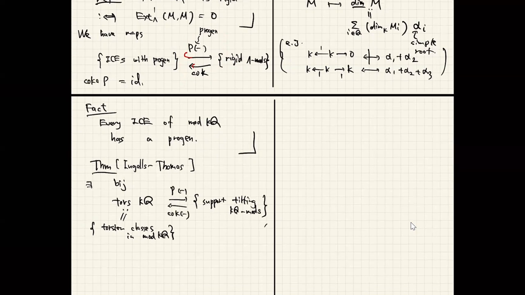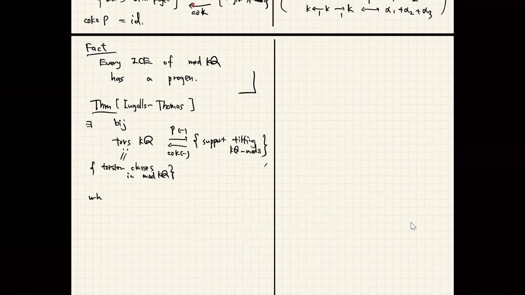Where M is support tilting, so it's different from the original definition maybe, but M is support tilting if M is rigid, so Ext^1(M, M) is equal to 0, and there is some condition.